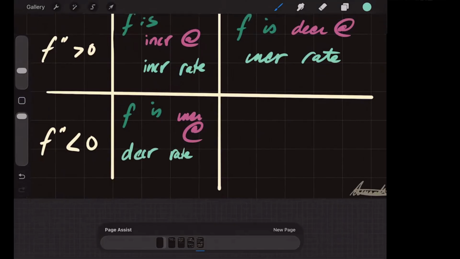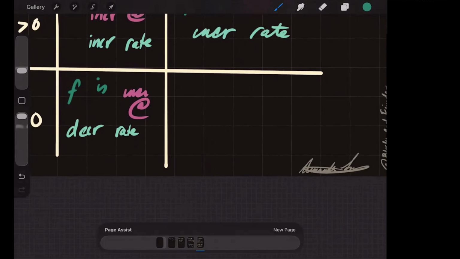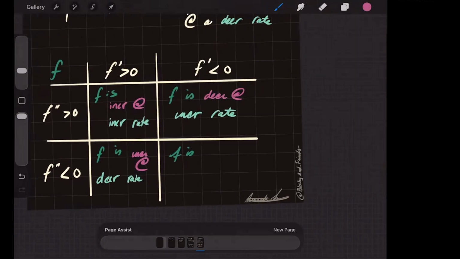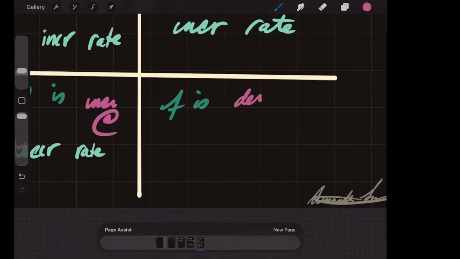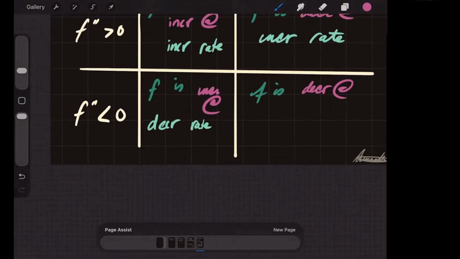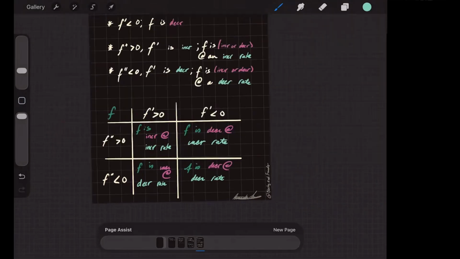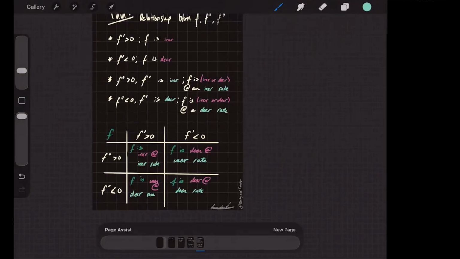And finally, when f prime is less than 0, f is decreasing, and when f double prime is less than 0, decreasing at a decreasing rate. Okay? So take a minute, marinate on that. I'll show you an example.